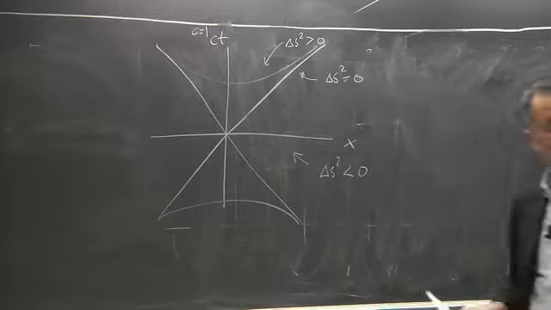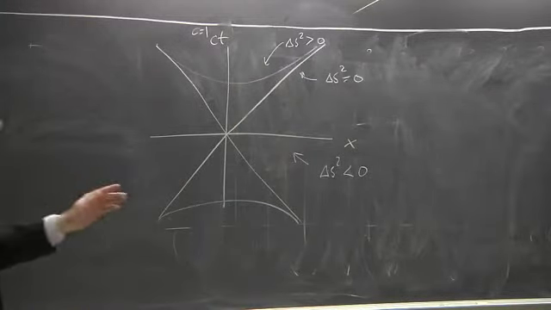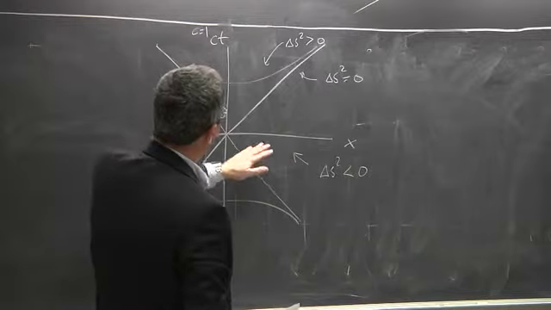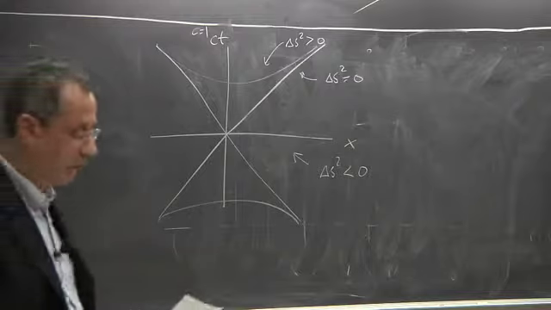So Minkowski space-time is effectively divided in 3 regions. One in which the interval ds squared is greater than 0.